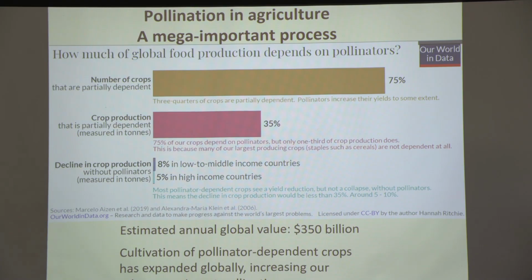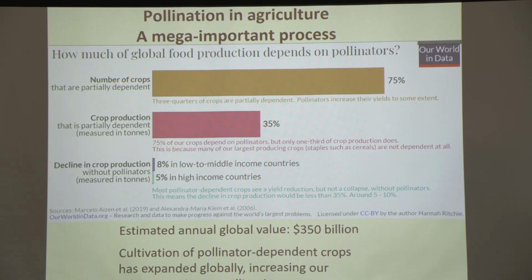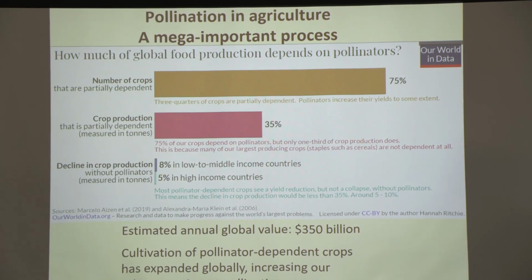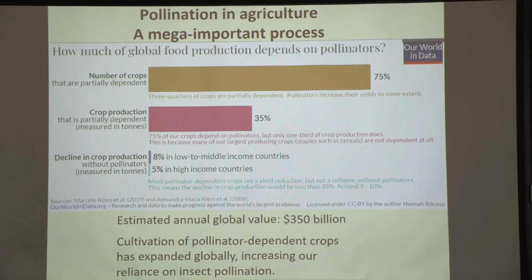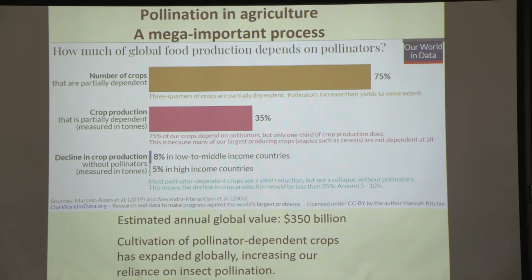Now let's look at a bit more detail here to make my case. If you look at the number of crops that are at least partially dependent on pollination, it's 75%. And sometimes you see those pictures of a greengrocer's shelf with or without pollination.